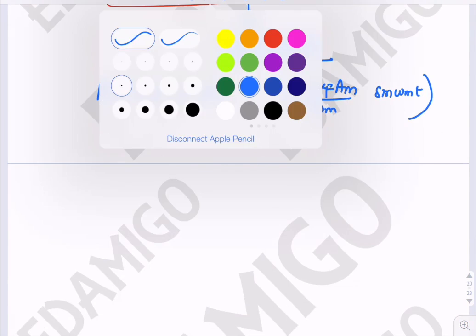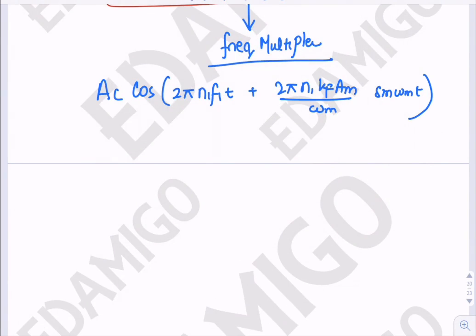Okay, so we can easily see that the frequency multiplier multiplies the carrier frequency and also multiplies the delta f. So the new carrier frequency is n1 into f1, and delta f2 is equal to n1 into delta f1.